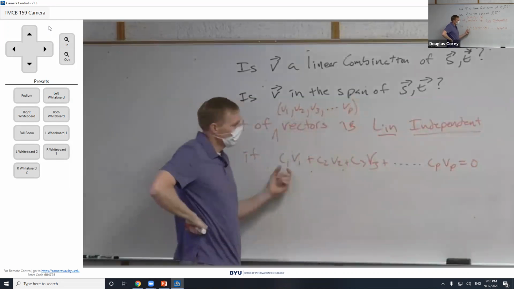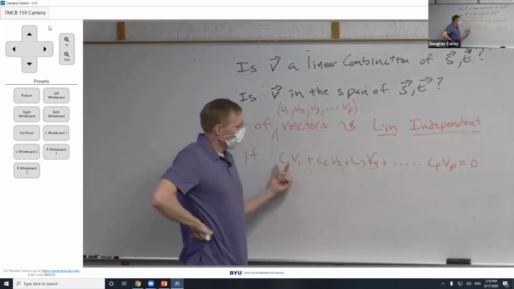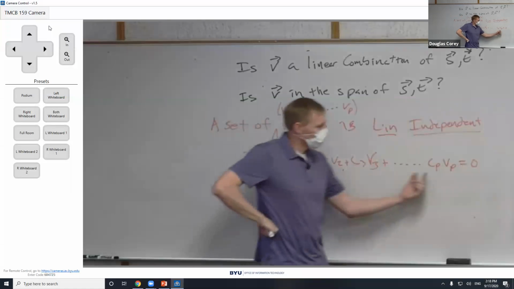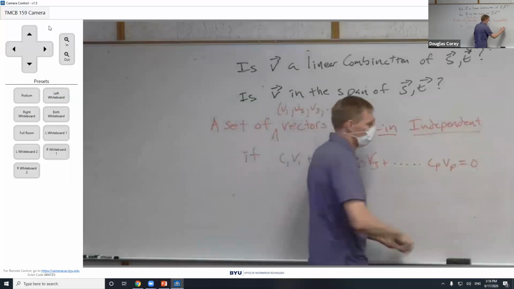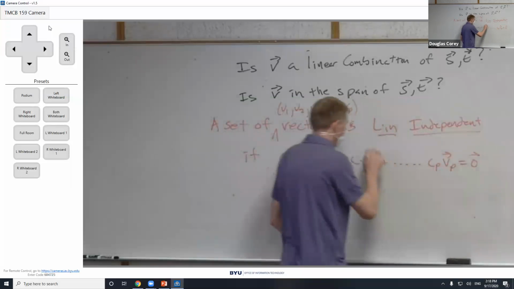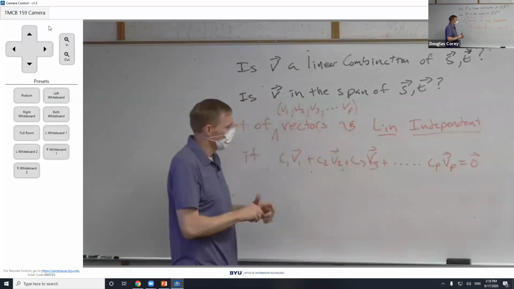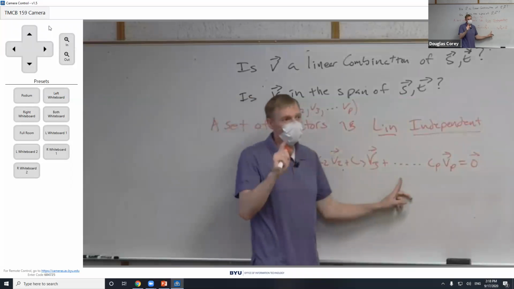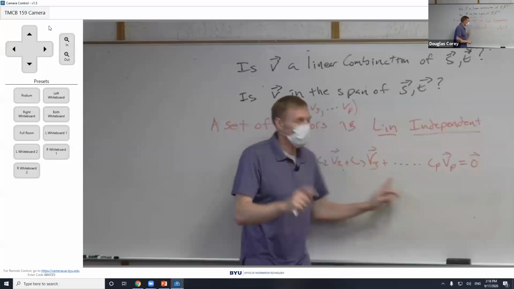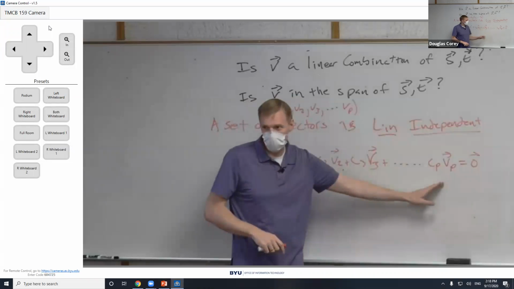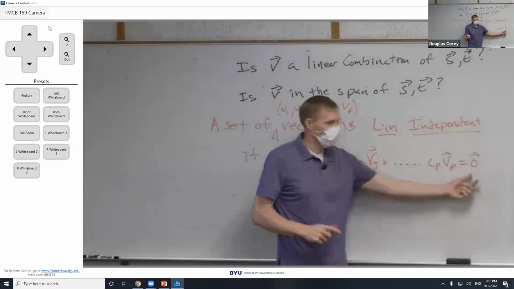I want to see if there's combinations of these vectors that equal 0, this is the 0 vector. All those are vectors. C's are constants. Okay. This always has at least one solution. Right? You can always pick C's to be 0. If I take 0 of all the vectors and add them up, I'm just going to end up with the 0 vector.